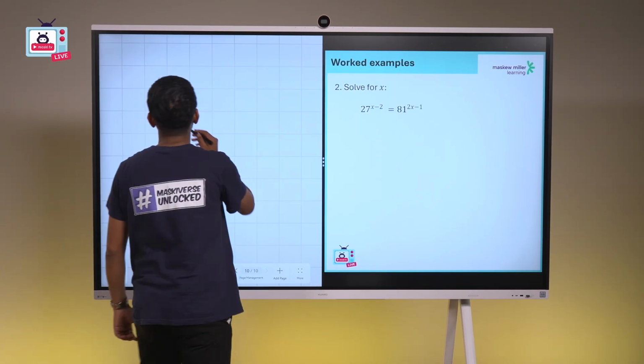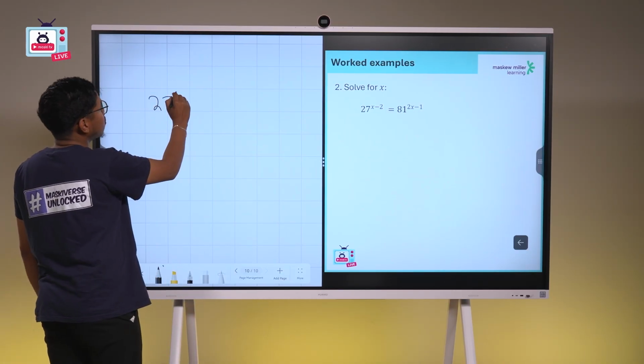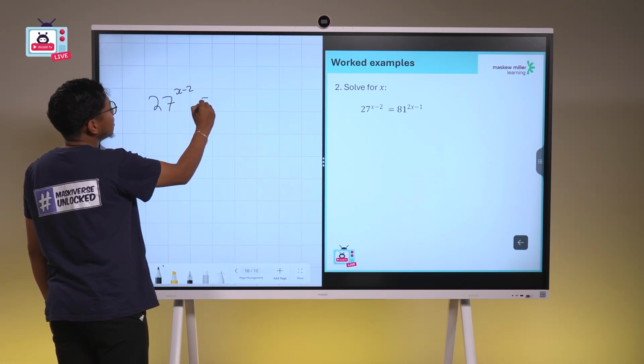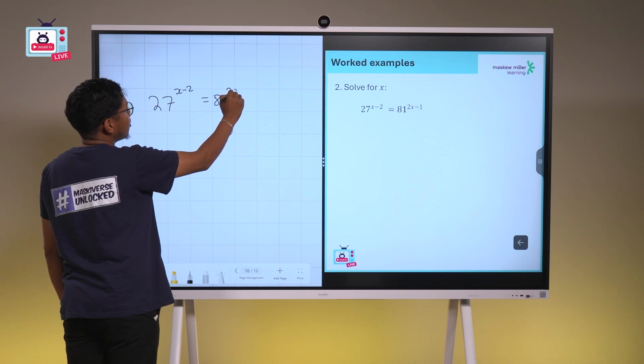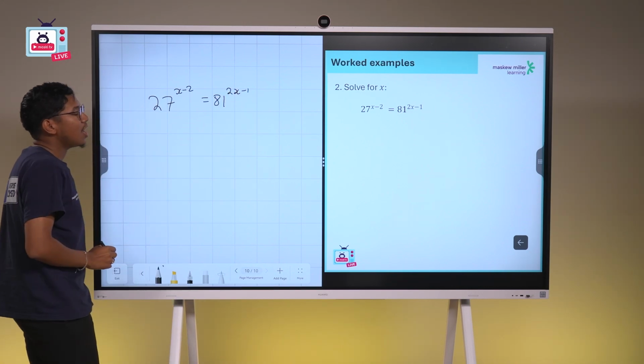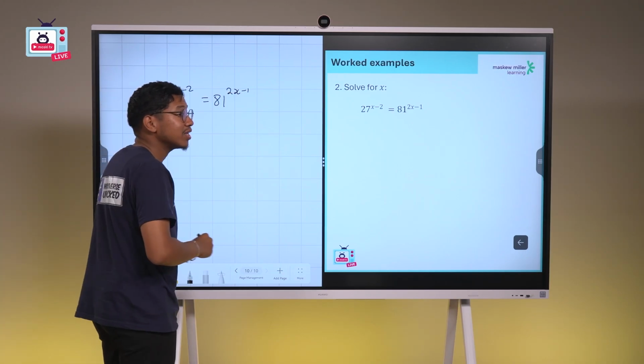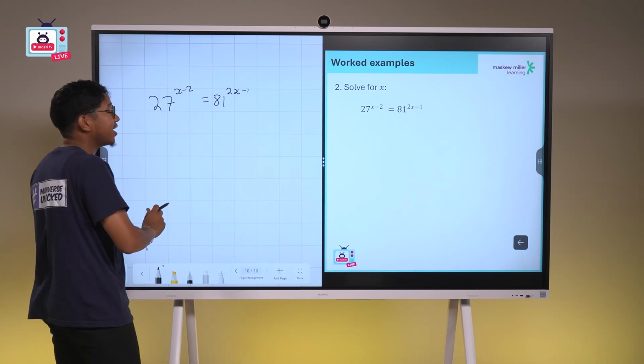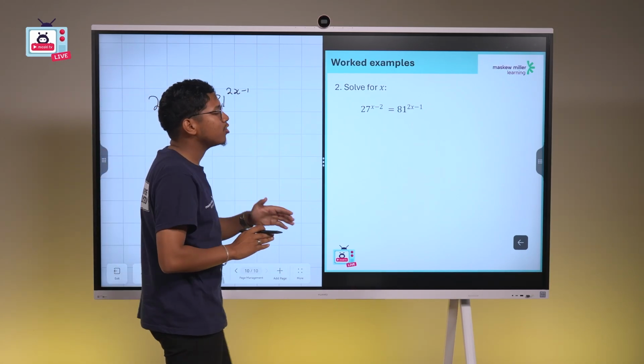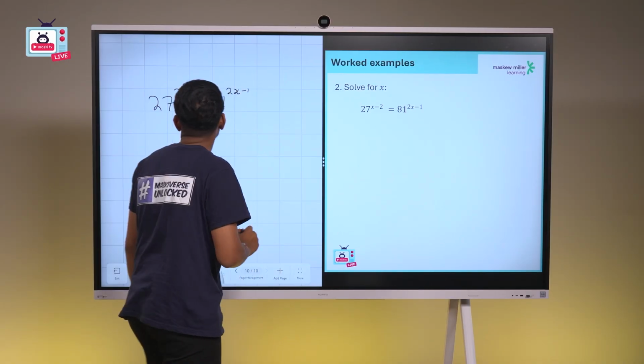So the number 27 to the power of x minus 2 is equal to 81 to the power of 2x minus 1. How do I rewrite 27 as a prime base? It is 3 to the power of 3. And again, how did I get that? Go and use the ladder method, which I have shown you, right?